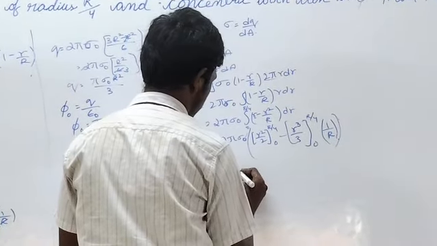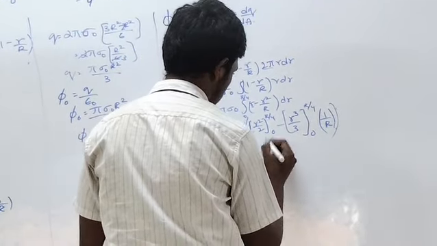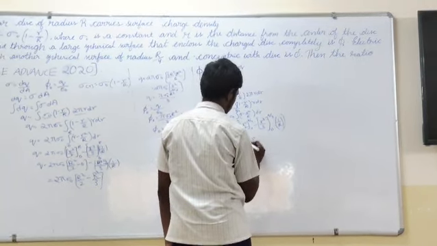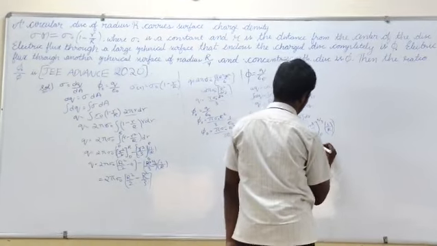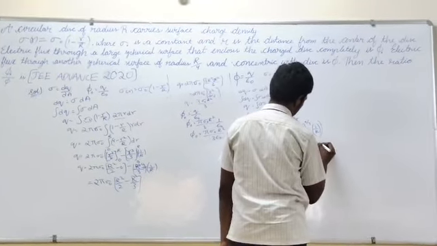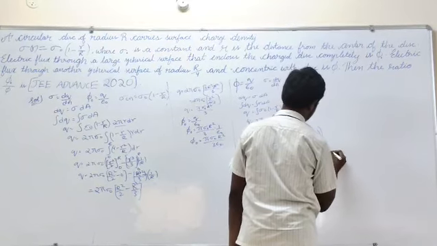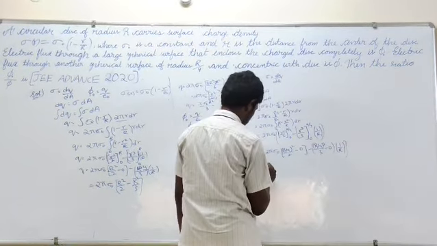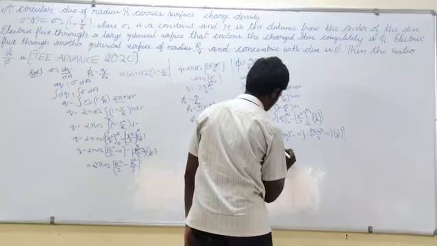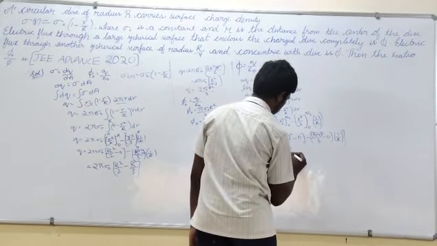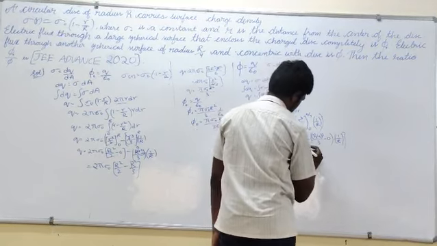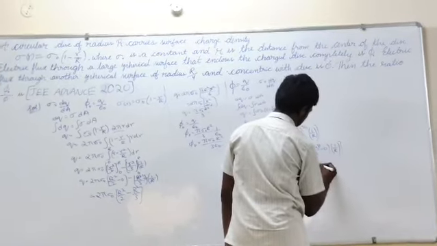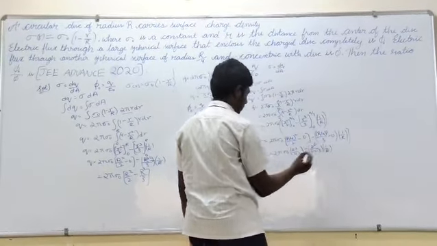Now Q is equal to 2 pi sigma naught. Substitute these limits, upper limit and lower limit. R by 4 whole square by 2 minus 0, minus R by 4 whole cube by 3 minus 0, into 1 by R. Q is equal to 2 pi sigma naught, R square by 16 into 2, minus R cube by 4 cube which is 64 into 3, into 1 by R. Now this R and R square will be cancelled.